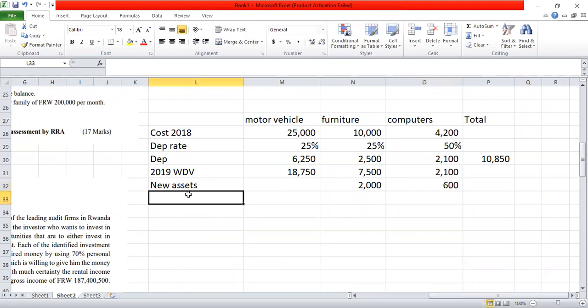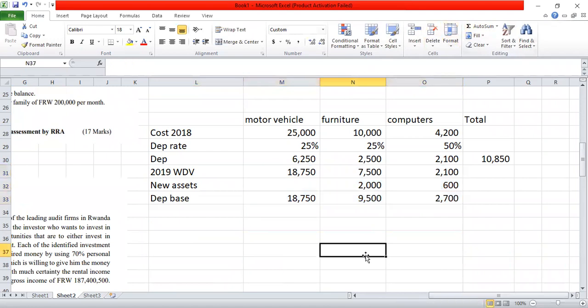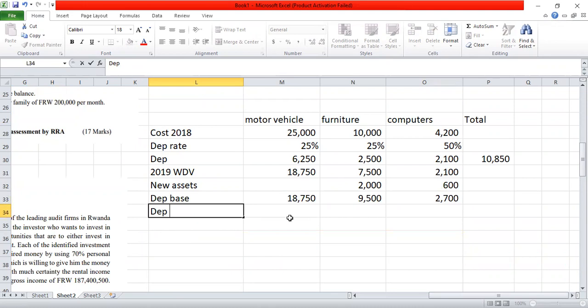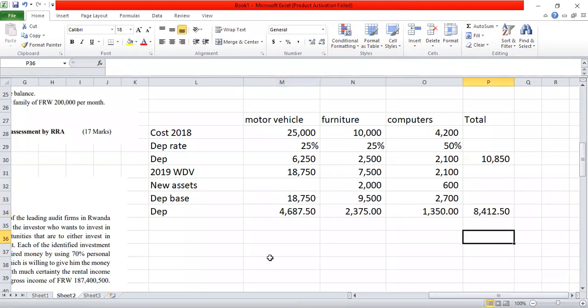So our depreciable base is this. So depreciation is the same. It is this times our rate, which is not changing. So that is the depreciation for 2019.